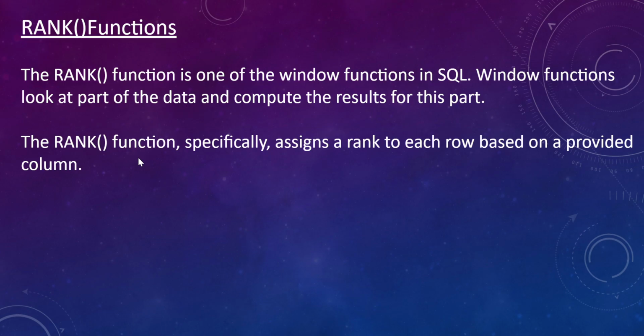This rank function assigns a rank to each row based on a provided column. If we want to categorize or rank the data, we need to provide a column on which we assign the rank. For example, to rank the students of a class, you need marks or some column on which you can assign the rank to that row.